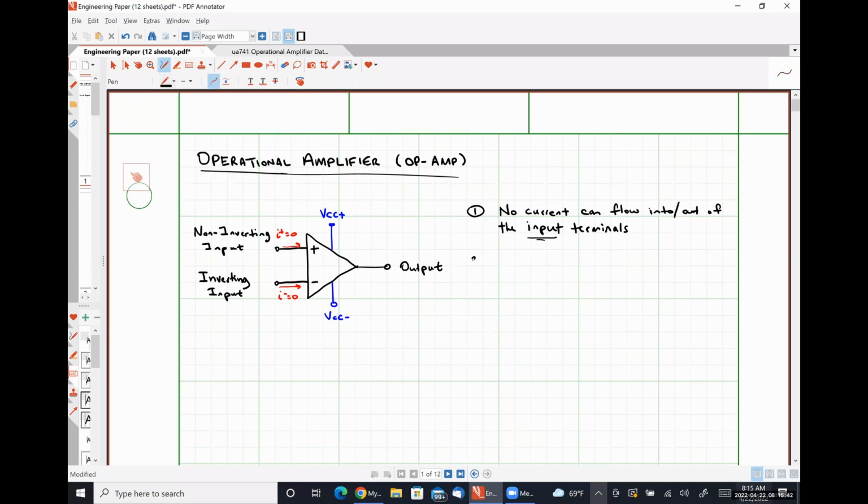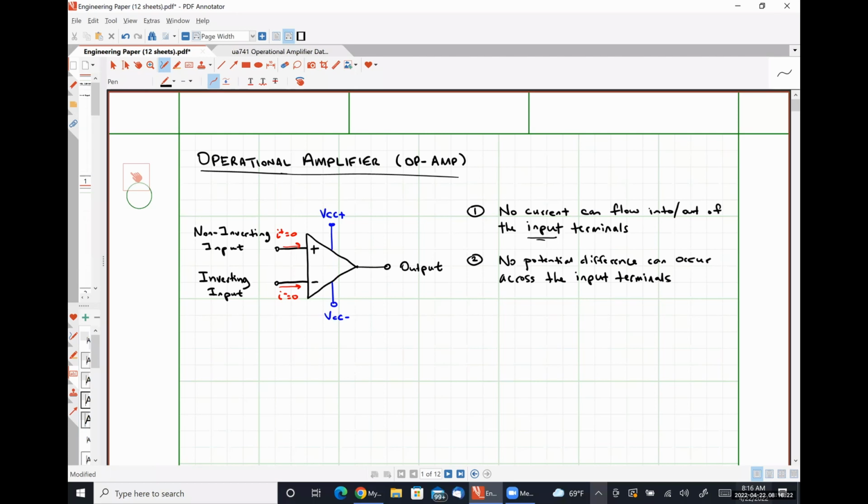Our second ideal op-amp rule is that no potential difference can occur across the input terminals.